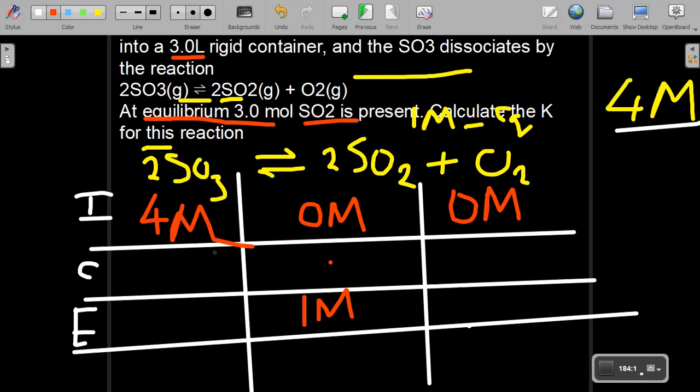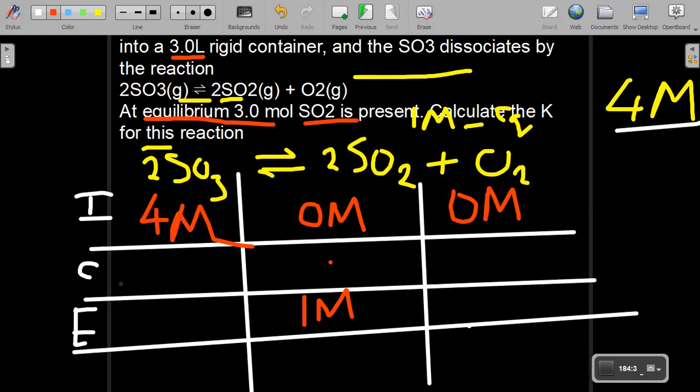Because we expect the reactants to reduce as the reaction progresses, and we expect the products to increase. So we expect the 4 molar concentration to reduce, and the 0 molar concentrations to increase, because this reaction is progressing, favoring the right-hand side, which is the products.